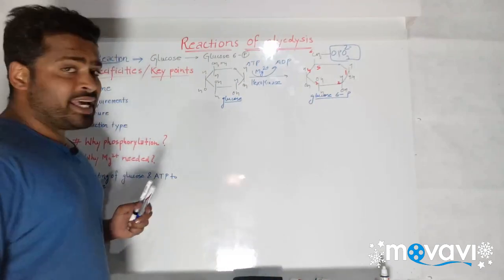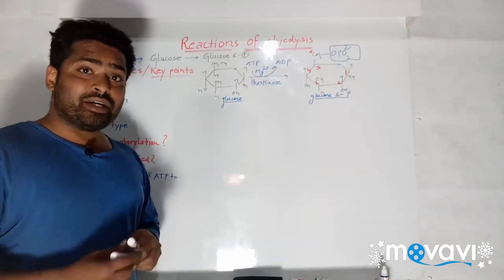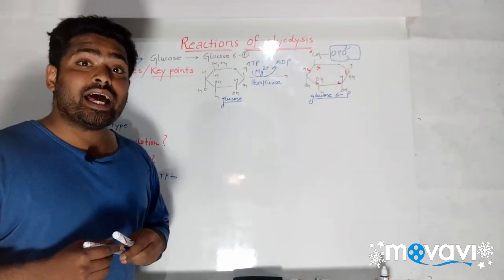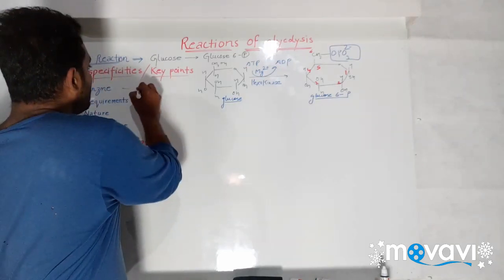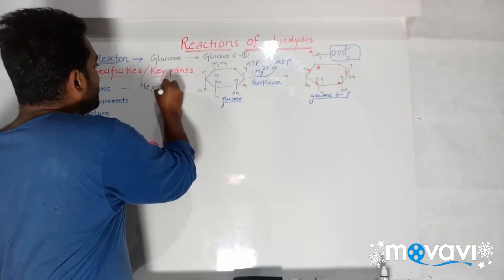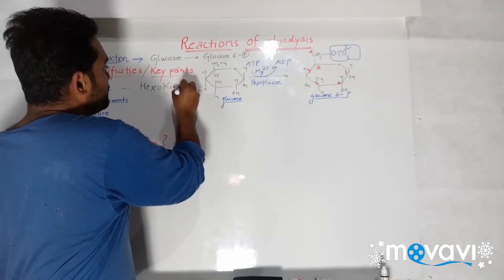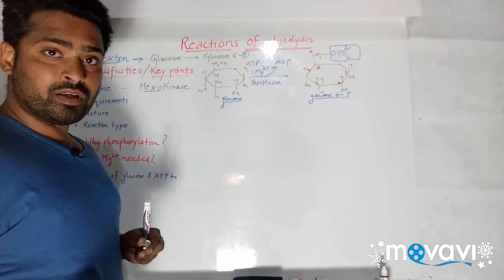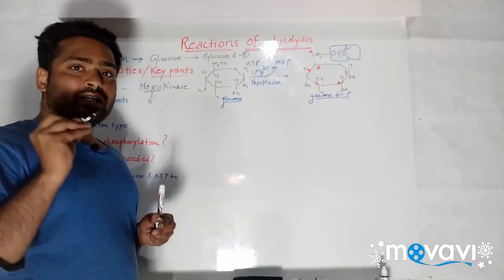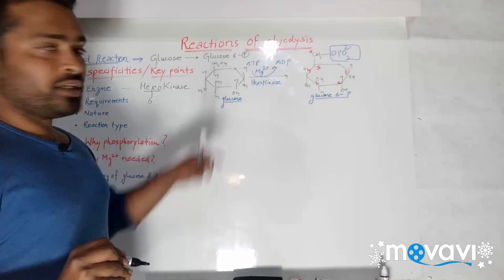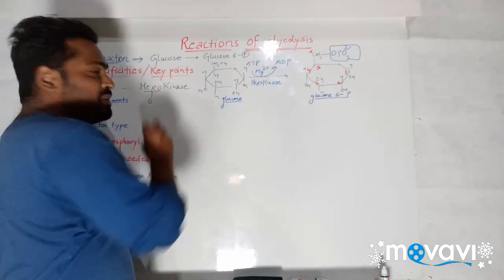The first one is the enzyme. What is the enzyme here? This is hexokinase. Hexo means 6 carbon containing sugar, and that is the glucose, and the enzyme is kinase.